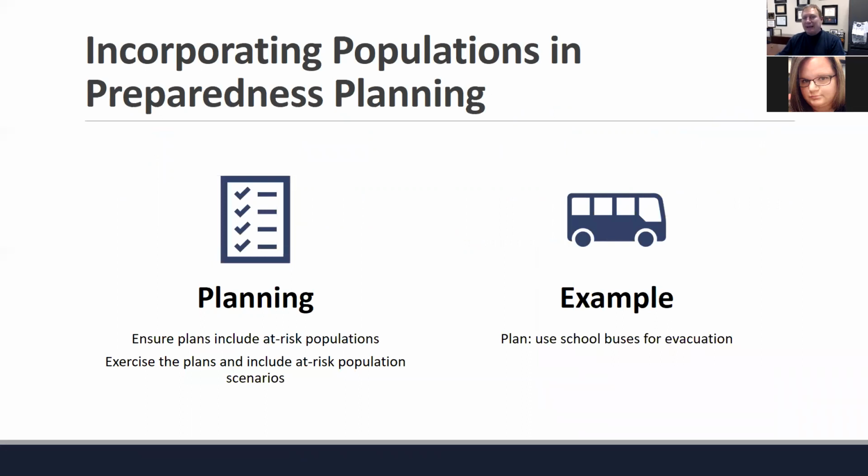In terms of planning for people who have access and functional needs, it is important to understand, and I get back to Hurricane Katrina, there were over 100,000 people who didn't evacuate because they had no means of transportation. For people to be able to evacuate a city, you have to provide them with and support them in their ability to evacuate. And that's quite problematic.